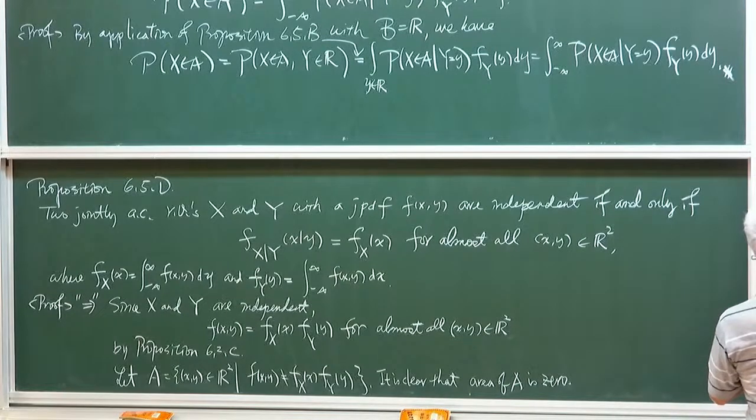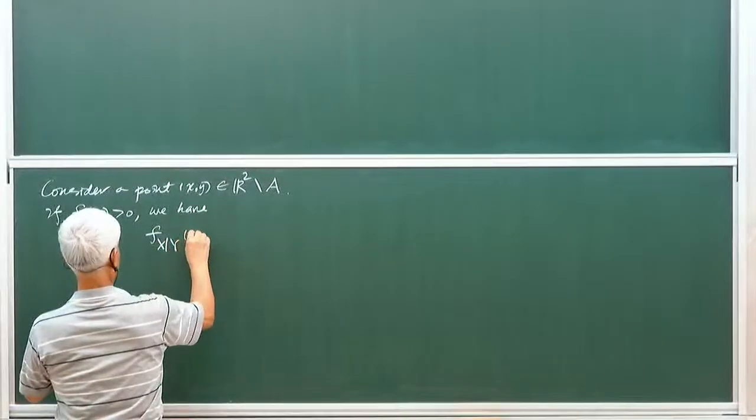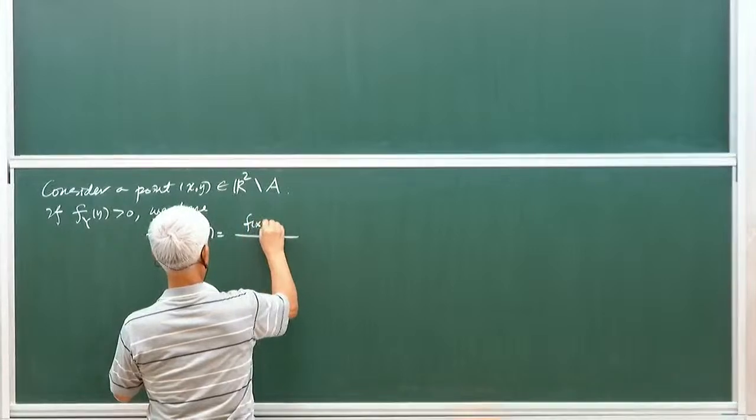All right, and so we consider a point xy in R square, but not in A. If the marginal PDF of random variable Y is positive at little y here, then by definition we know this is this ratio.